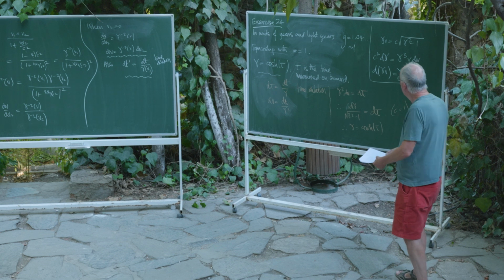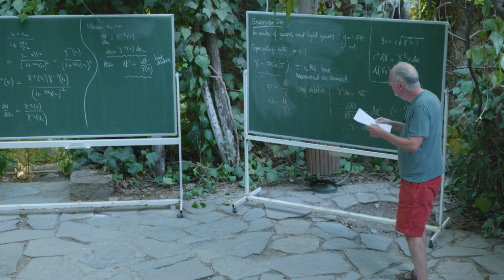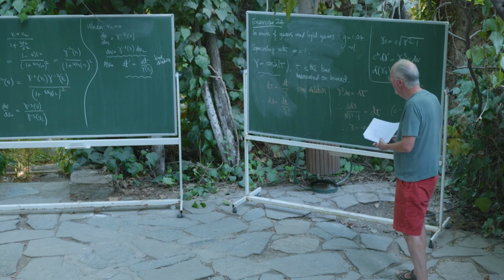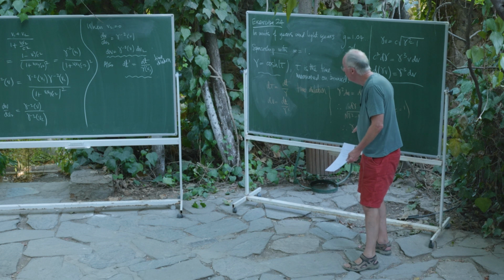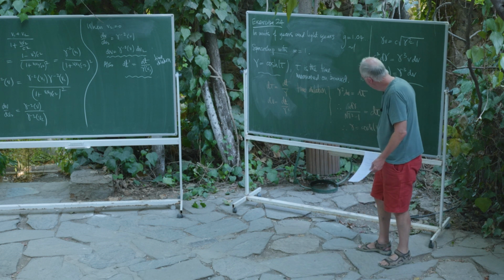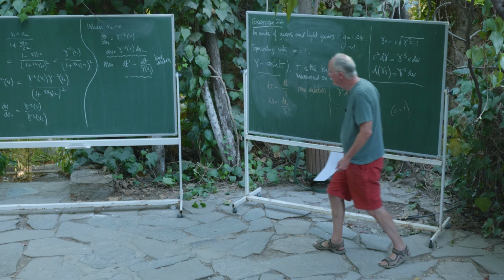And now the exercise goes on to get you to write down the value of gamma for various values of the elapsed time tau.